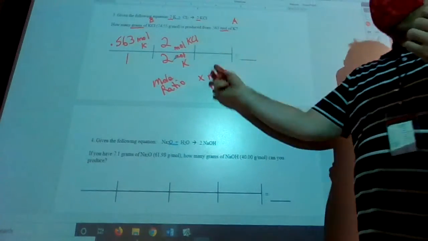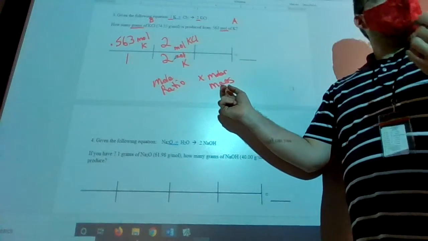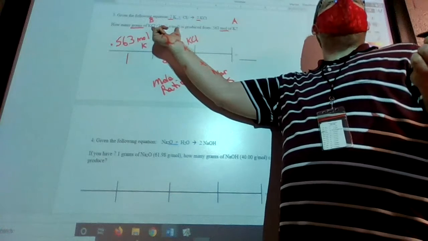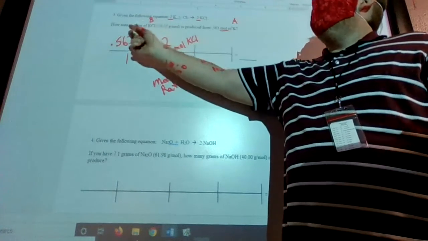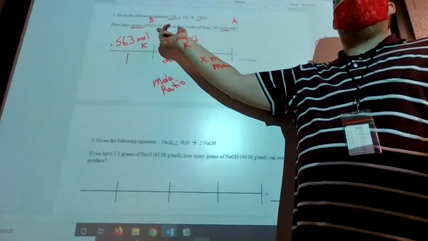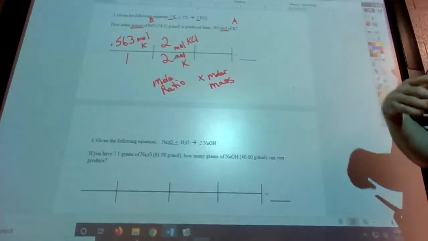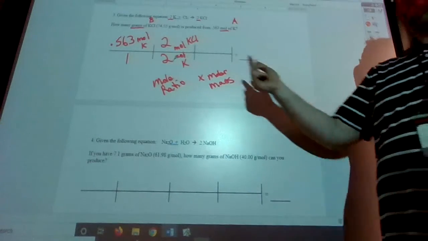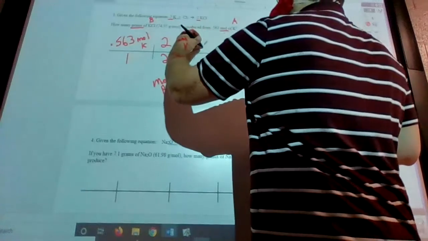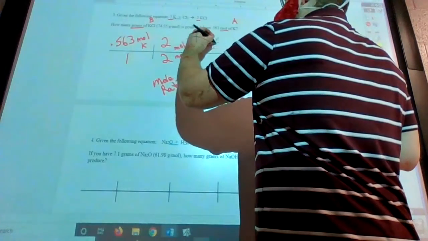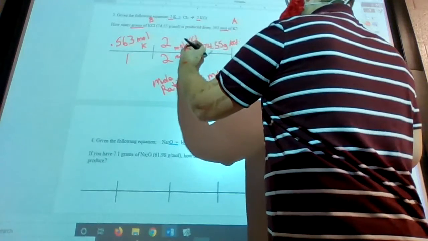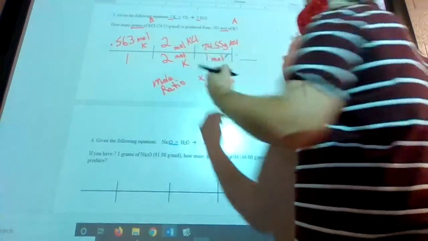And then what do I need to do for this last part? Yeah, I need to multiply by the molar mass. I could look it up, but they did give me the molar mass for KCl right in the problem. So they tell me KCl is 74.55 grams per mole. That's a molar mass. You could also look it up on the periodic table. Add up 1 potassium, K, and 1 Cl, and you should get 74.55 grams of KCl equals 1 mole.